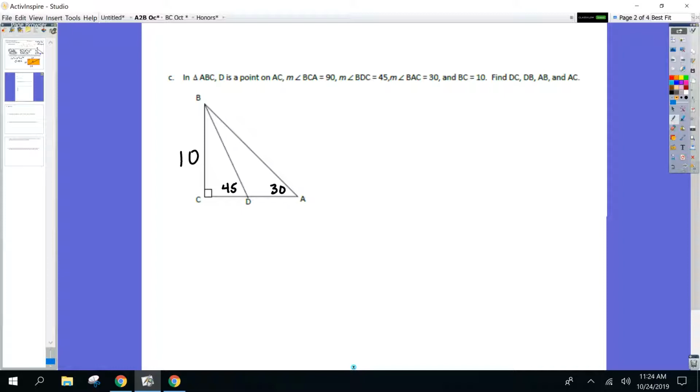All right, we have to find all the missing sides now. In what order does not matter, but we just got to find all the missing sides.